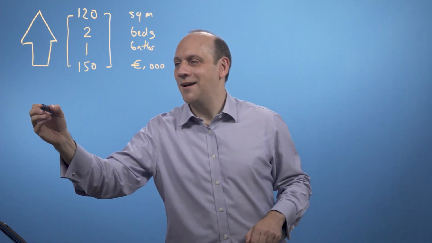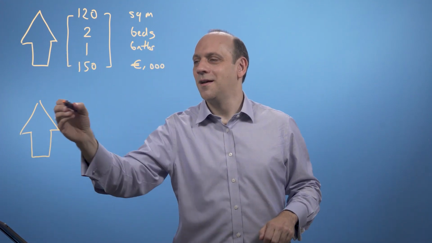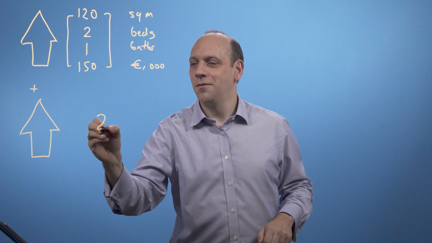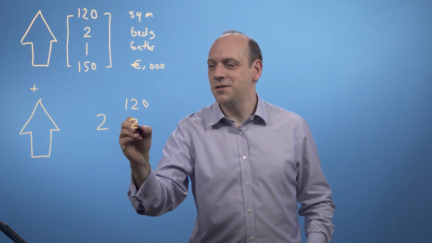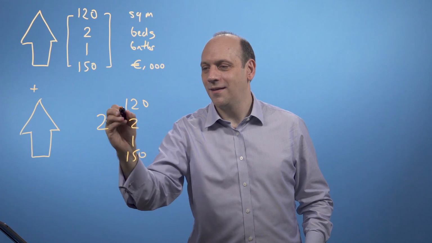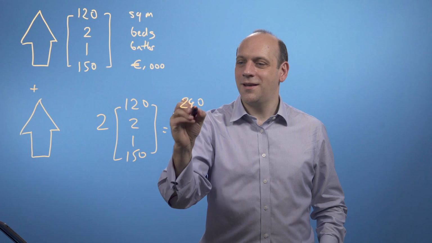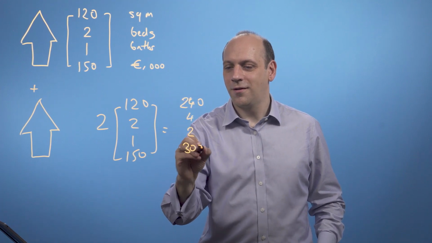So 2 houses now is equal to the vector addition of those things, and the way we're defining vector addition, is equal to 2 times 120, 2, 1, 150, which would be equal to 240, 4, 2, 300.